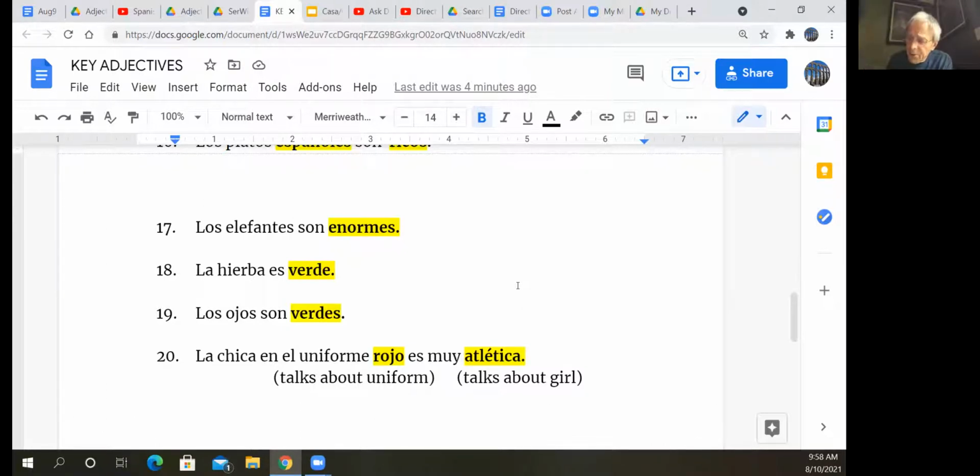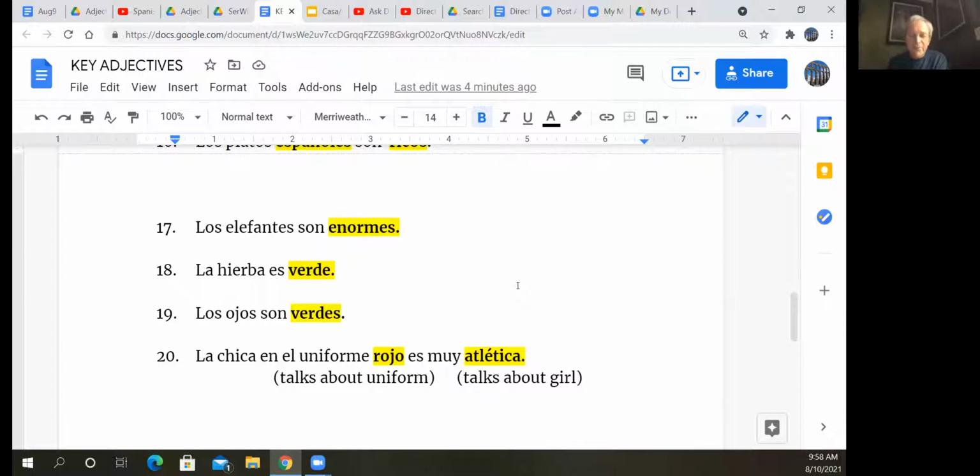Marilyn, could you restate what you said about 18? Why isn't it verda? Okay. Verde ends in the letter E. Adjectives that do not end in O keep the same form for masculine and feminine.